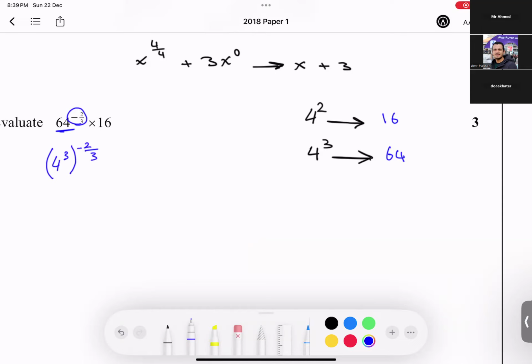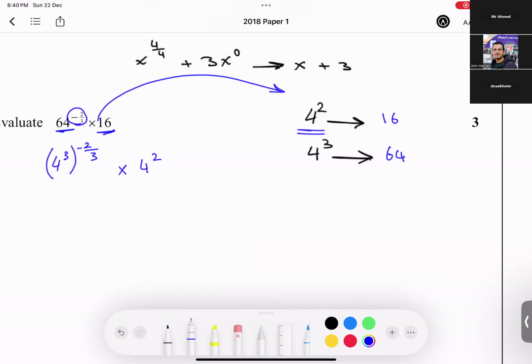Multiplied by 16, 16 could be replaced with 4 to the power of 2.